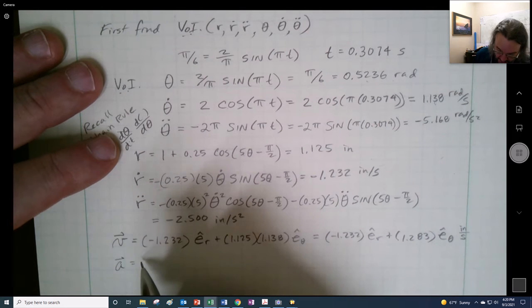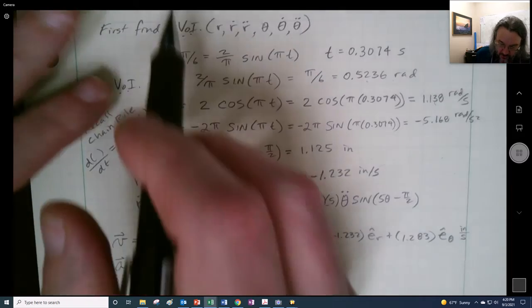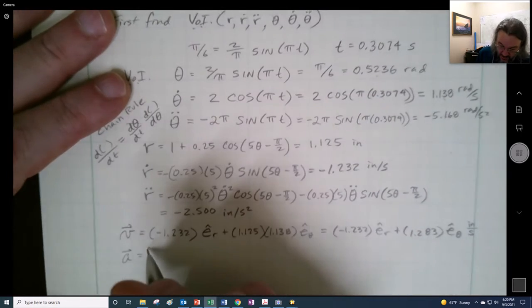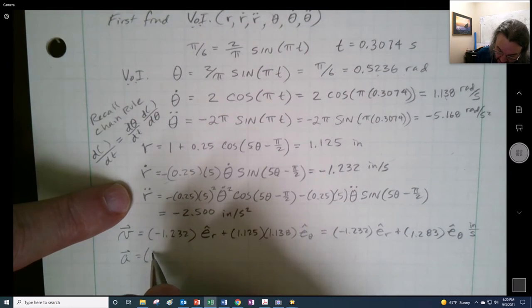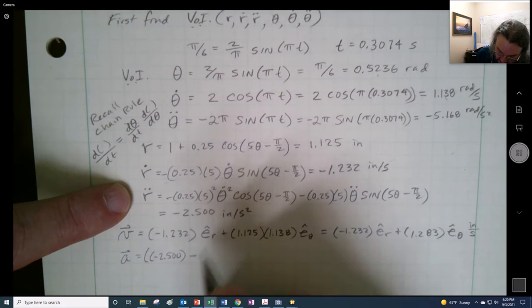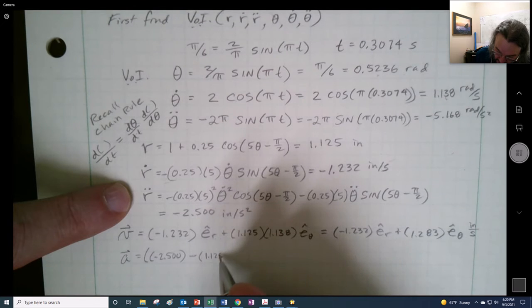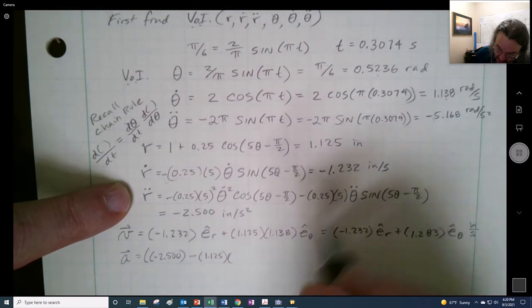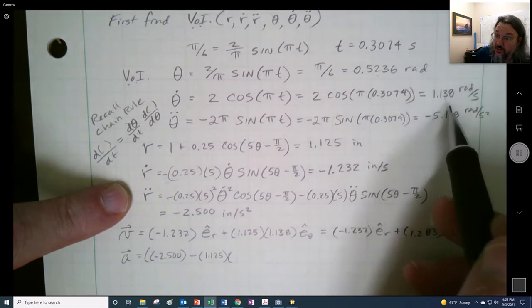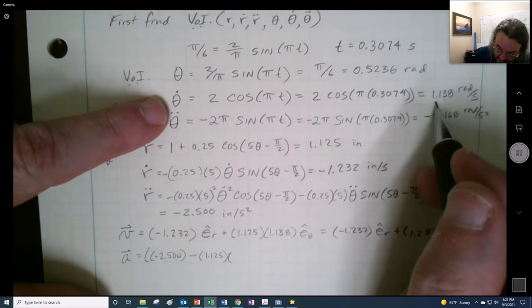So let's write out this one. We're going to plug back into this equation right here. The r double dot ends up being negative 2.5. I'm going to subtract out 1.125 times theta dot squared.